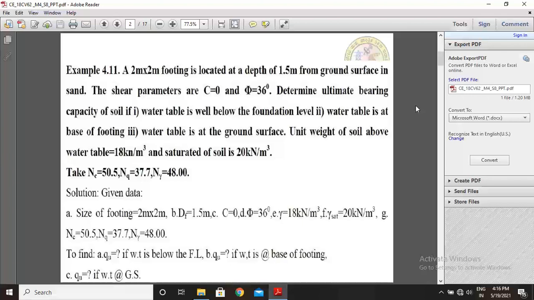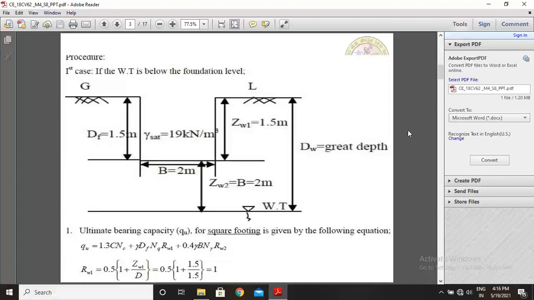Third case, QU ultimate bearing capacity equal to how much if water table at ground surface. So these three cases are asked to determine ultimate bearing capacity. Procedure.